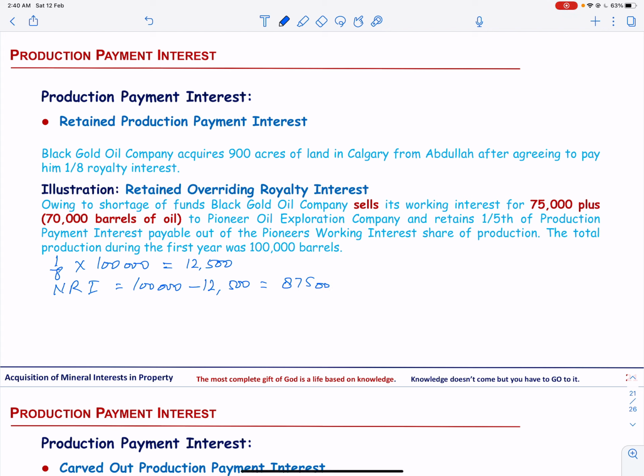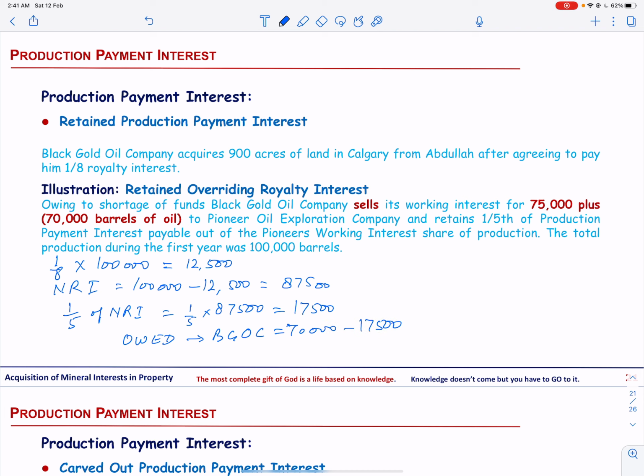Black Gold Oil Company will receive 1/5 of net revenue interest, that is 1/5 times 87,500, which is equal to 17,500 barrels. The balance of barrels owed to Black Gold Oil Company is 70,000 minus 17,500, so that is equal to 52,500.